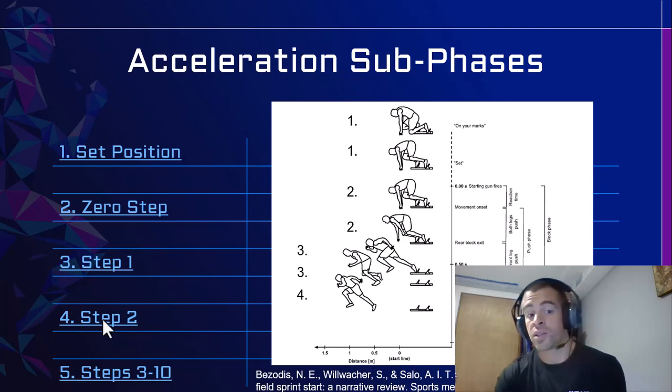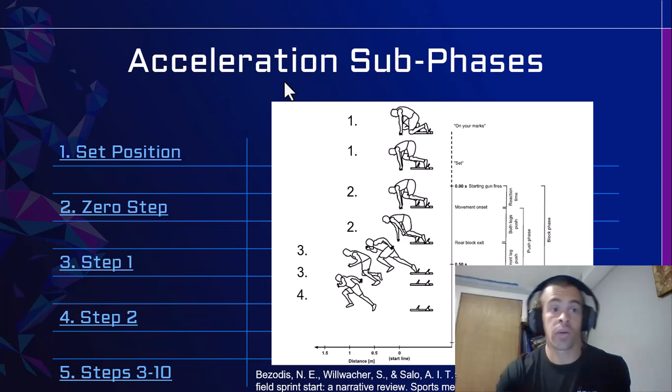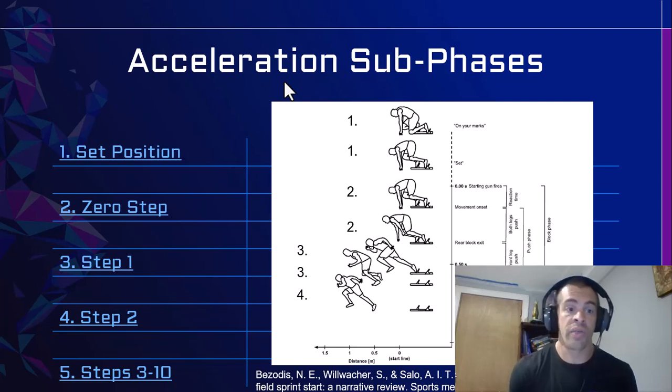After the second step, I think it's helpful to view a framework for sprint performance as steps 3 through 10. And this is simply acceleration. So you've got to understand the set position. You've got to understand the 0 step. You've got to understand step 1 and the differences from step 1 to step 2, and the differences from step 2 versus steps 3 through 10.